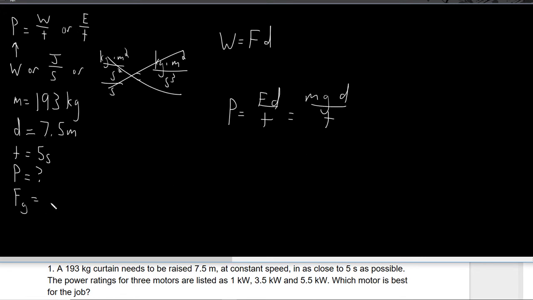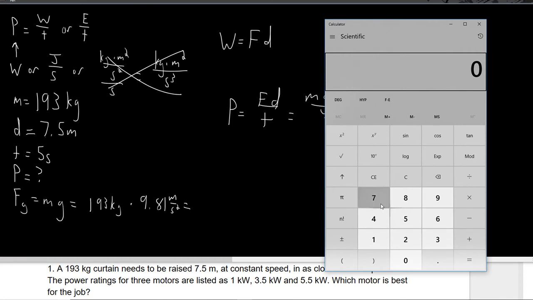But let's just start by finding the force of gravity, which is just mass times acceleration due to gravity. So we've got 193 kilograms times 9.81 meters per second squared. I'm not going to care about the signs for this part, just because they're not really going to affect my answer. So 193 times 9.81.